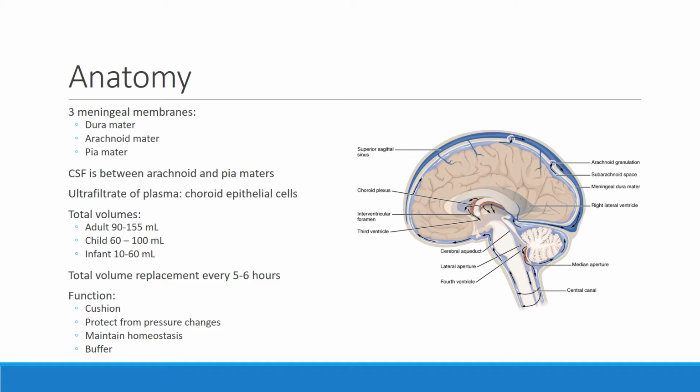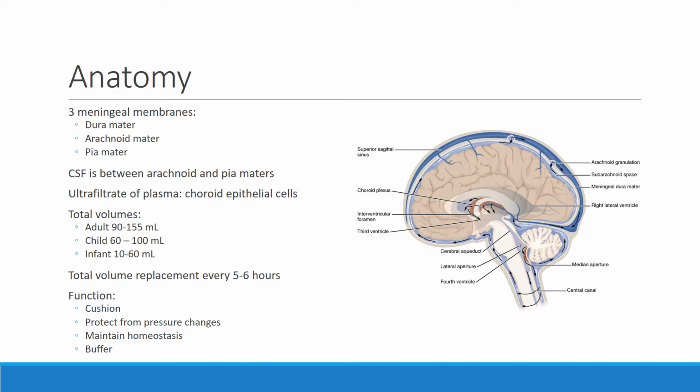Okay, so the CSF is supposed to circulate through that space, and the main space is between the arachnoid and the pia maters. And it'll be produced by the choroid plexus within the third and the fourth brain ventricles.